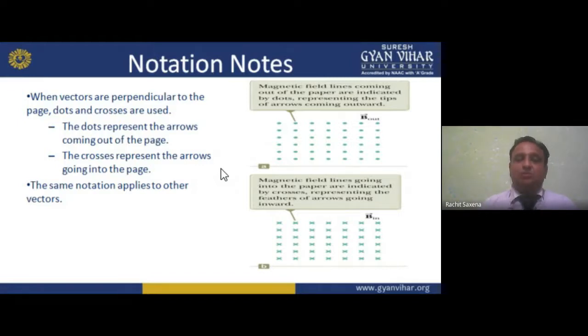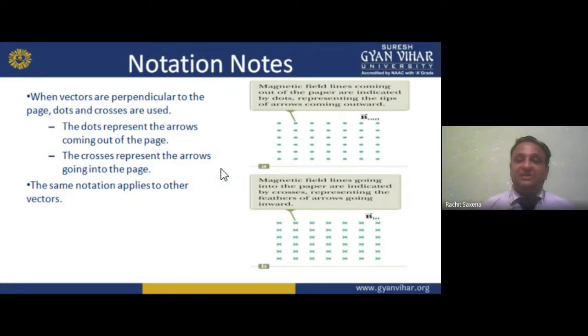So what is notation notes? As I told you earlier, if I have a paper and I identify B, that means the magnetic field. A dot shows B out and a cross shows B in. When vectors are perpendicular to the page, dot and cross are used. So if B is perpendicular to the page, we use the dot and cross convention.